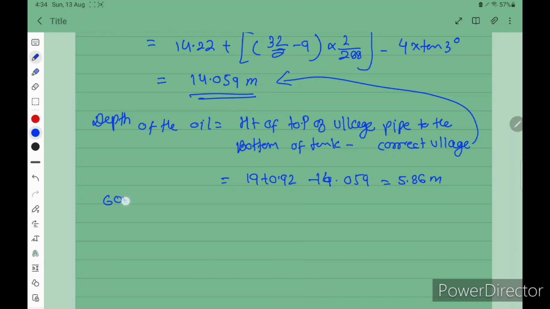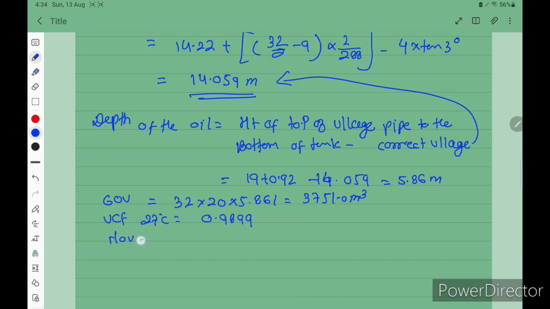Now we calculate the gross observed volume of oil. So it's equal to 32 into 20 into 5.861, which is equal to 3751.0 meter cube. The volume correction factor at 27 degrees centigrade is 0.9899 from ASTM tables.